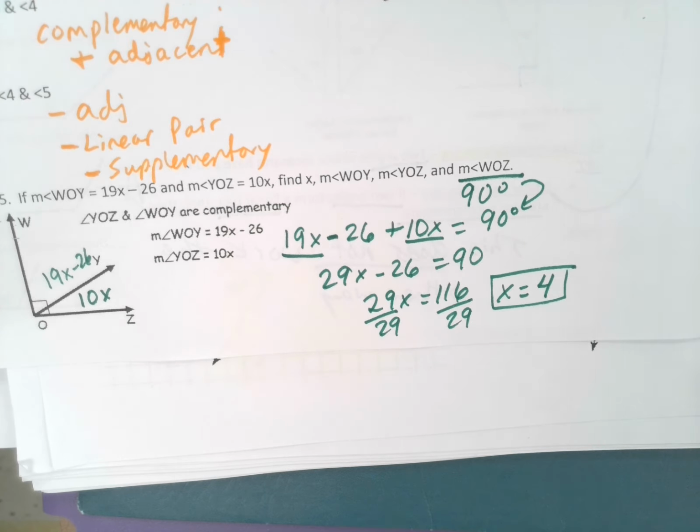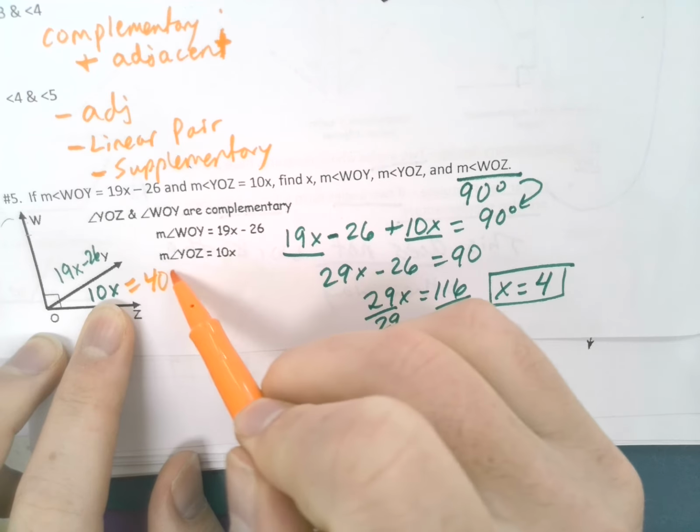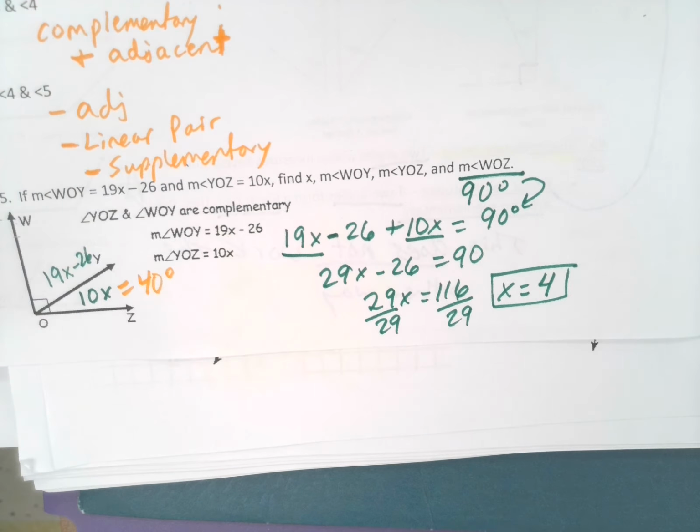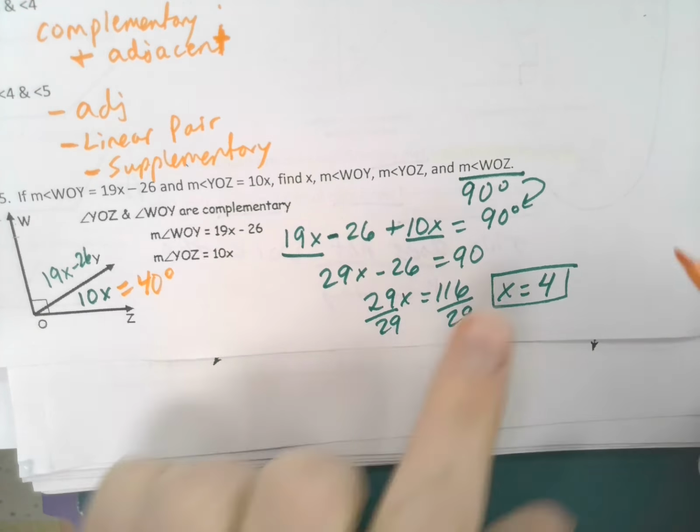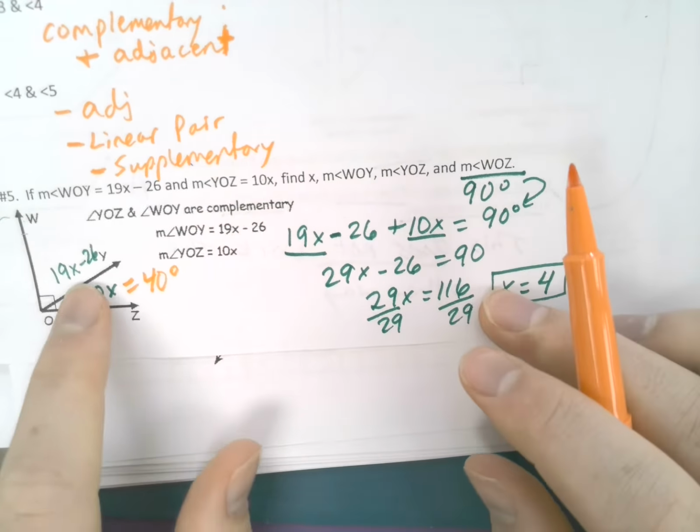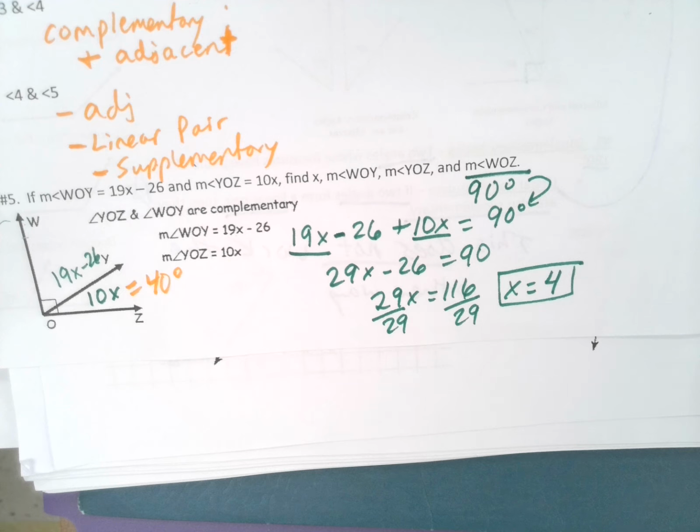Okay. That's going to make it pretty easy now. That's a smaller number. If I plug that back in, we see now that you plug 4 in, 10 times 4, oh, that's just 40 degrees right there. And if you plug 4 into this top angle, 19 times 4 is, I want to say 76. Let's double check.